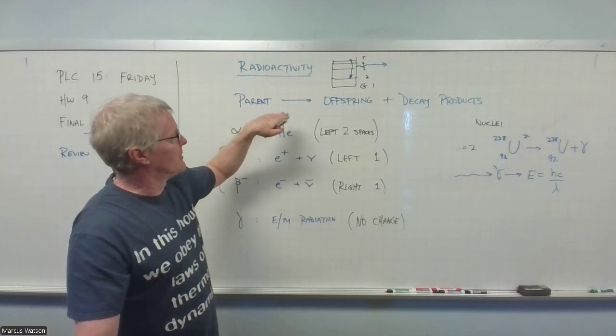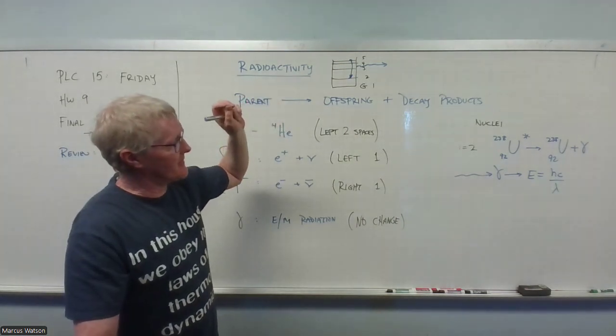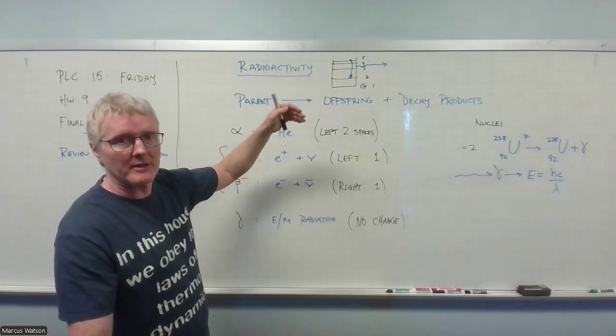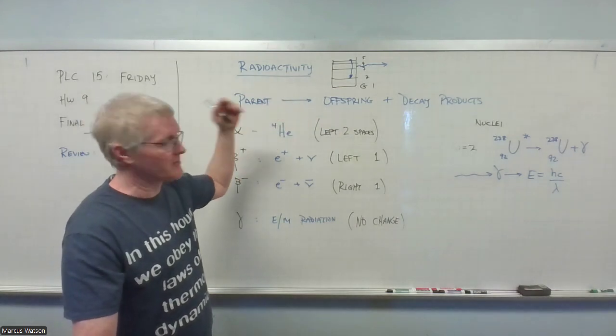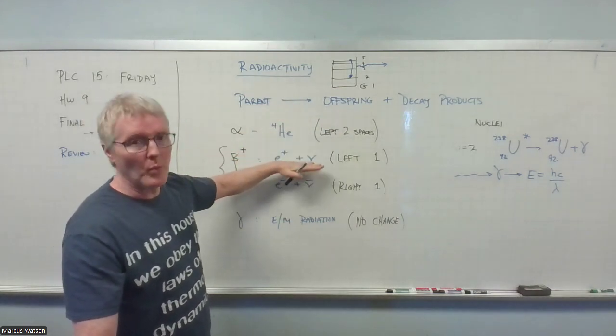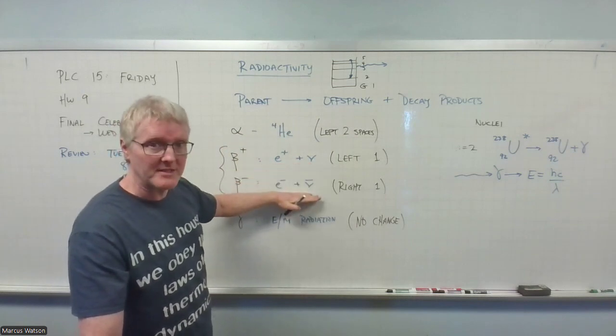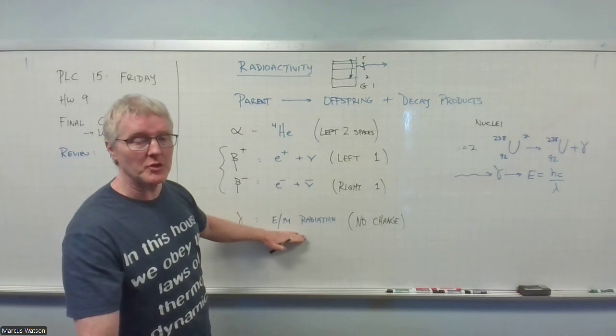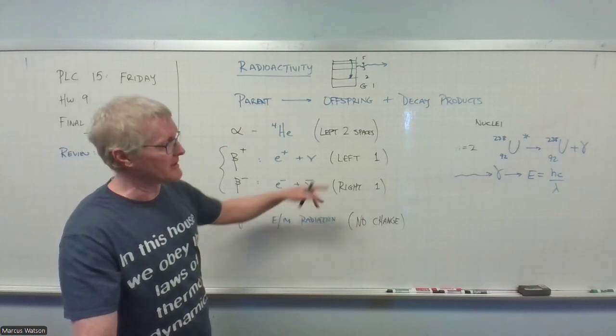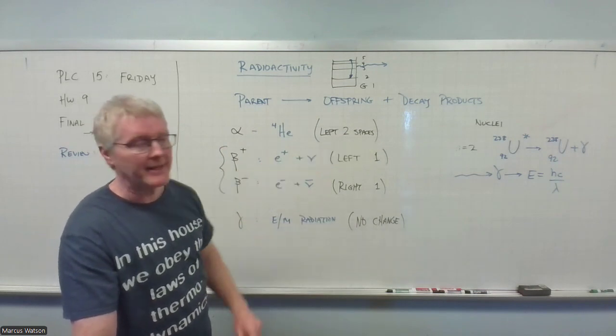So the parent, as I said last time, if that's something like a uranium, then the offspring is going back 2 spaces if it's alpha. If it's beta positive, it's going back 1 space; if it's beta negative, it's going forward 1 space; and there's no change whatsoever if you are going to gamma.